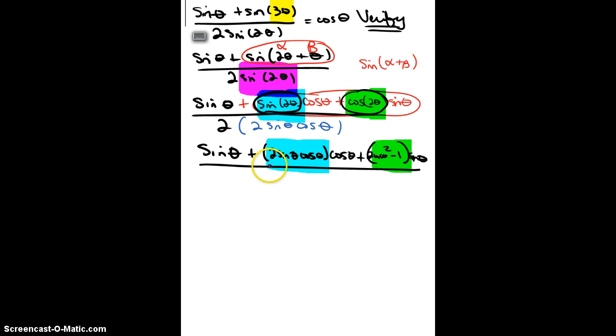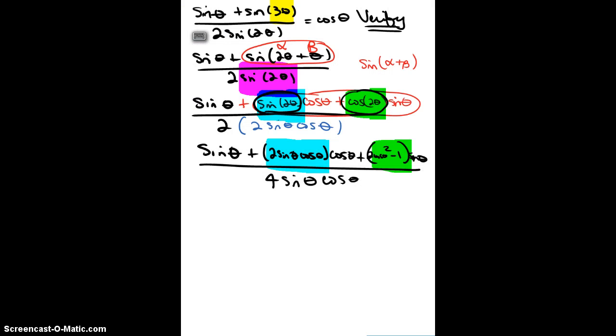And then our bottom in the denominator here, we get what? 4 sine theta cosine of theta. All right, so at this point, the trig aspect is really done. Now it becomes an algebra issue. So I get sine of theta plus this ends up being what? 2 sine of theta cosine squared of theta, because I have cosine times cosine.